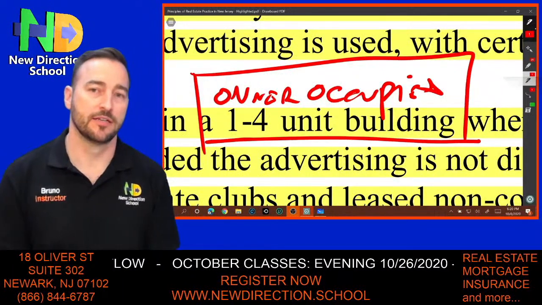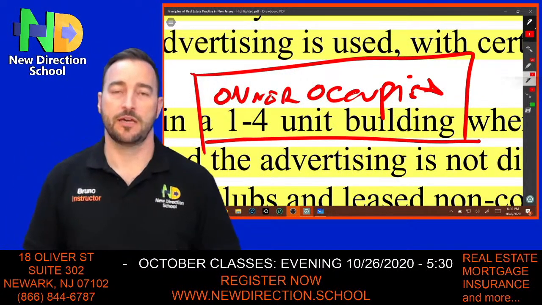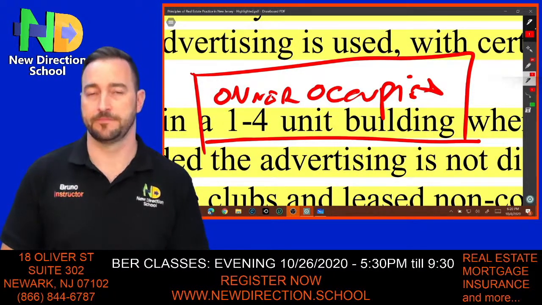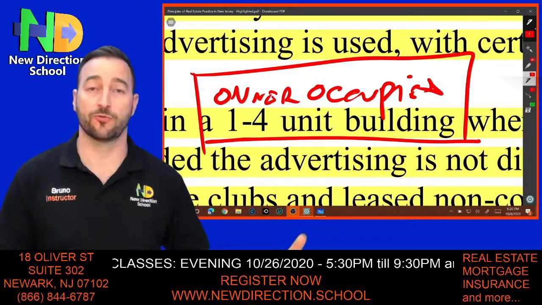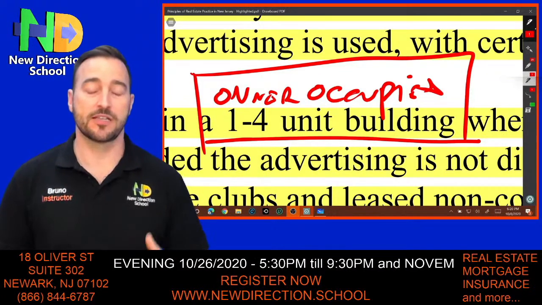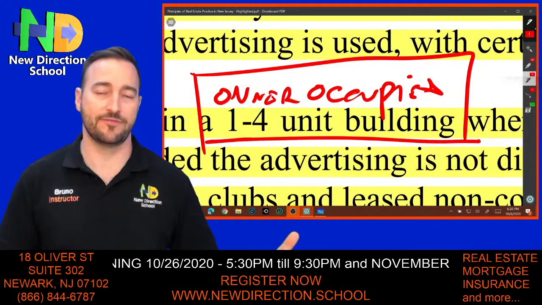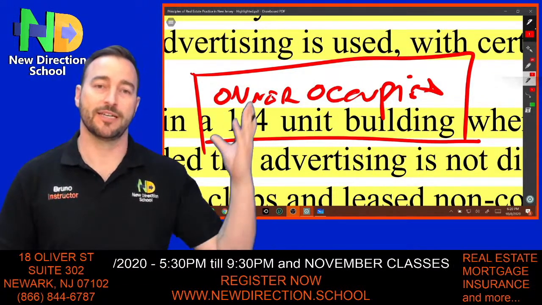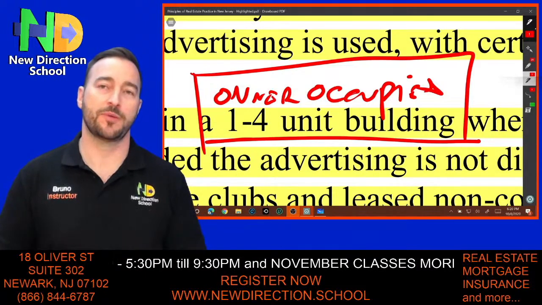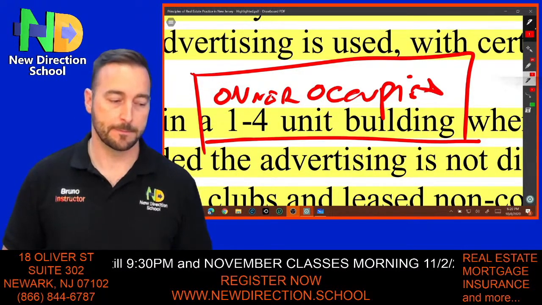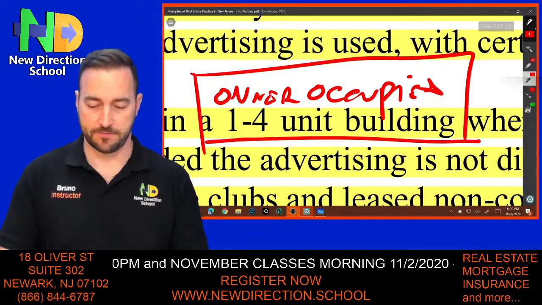For federal law, if it's a 1 to 4 family that you live in, you can discriminate against the other 3 units that will occupy that same building. If it's an investment property that you do not live in, then you cannot discriminate at all. So the exemption in this scenario is you occupy one of the units. You guys got it? Write it down.